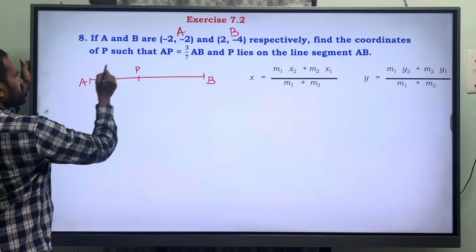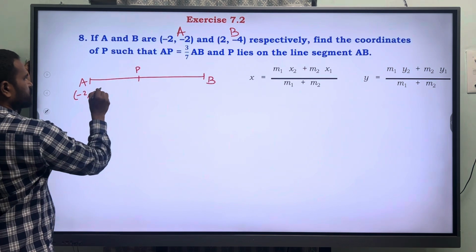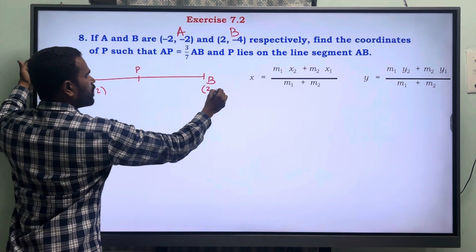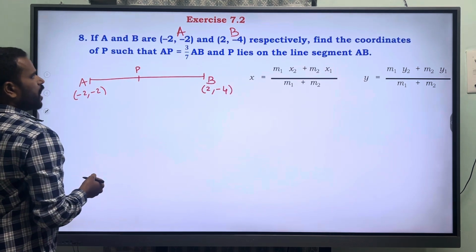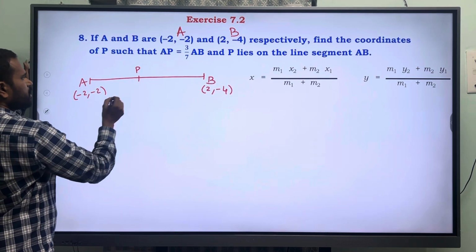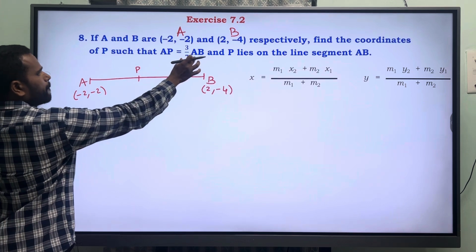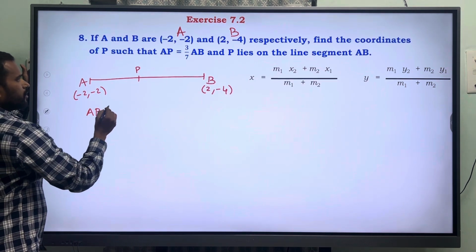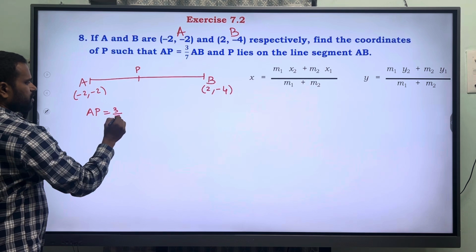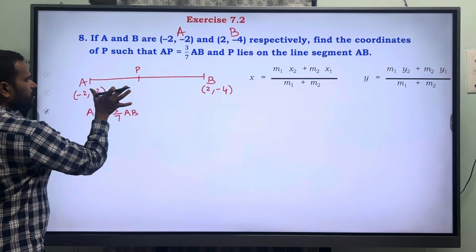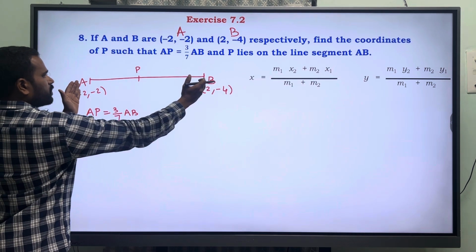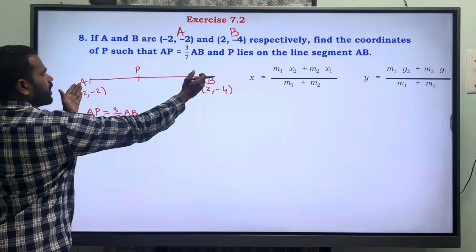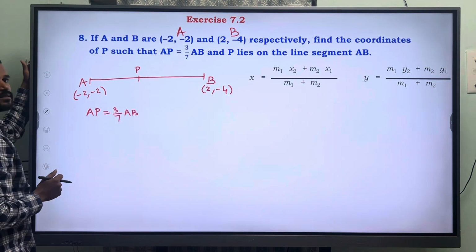So A's coordinate is (-2, -2), B is how much? (2, -4). And what is given? AP is equal to 3 by 7 of AB total, right? 3 by 7 times that.